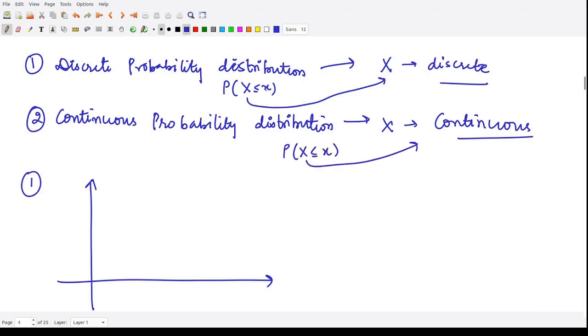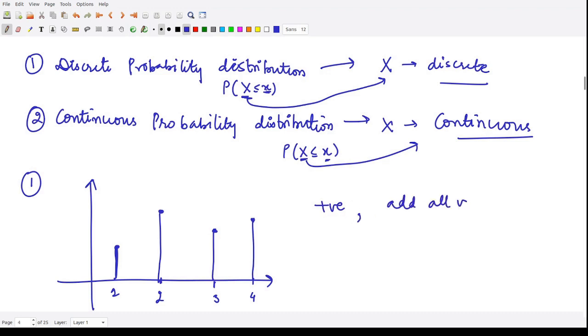In the discrete case it would have values like this, here, here, here, or here, the values which you can count. All of these values would be positive, and if you add all the values, their sum would be equal to 1.